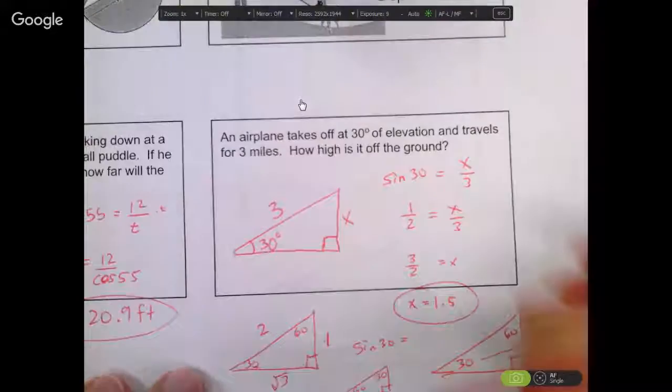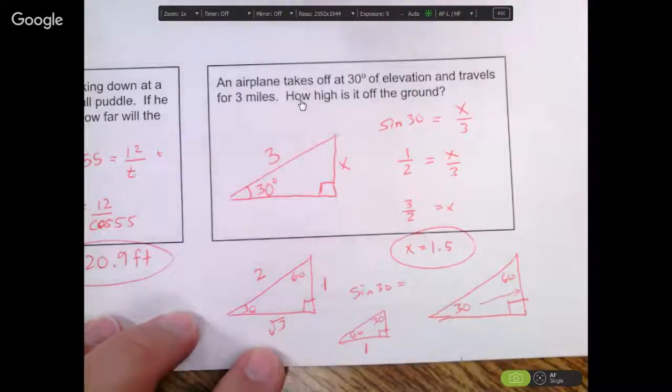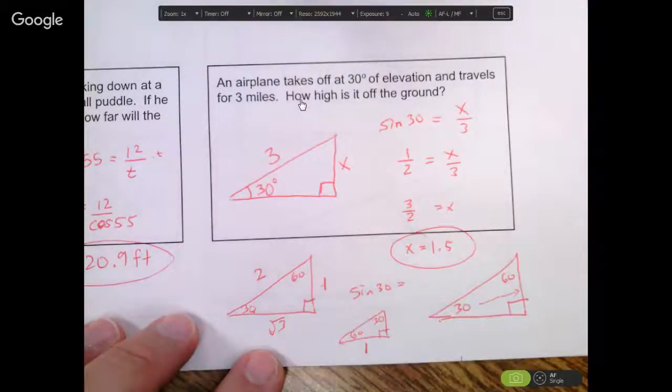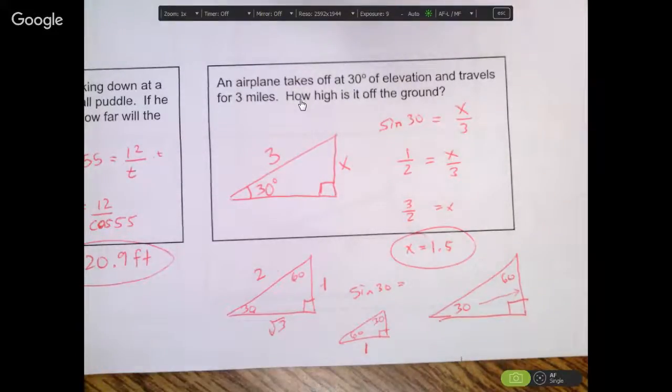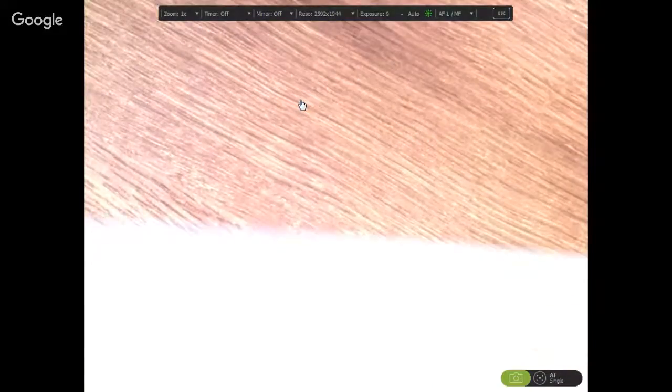Across from the 30 is 1. It doesn't matter. You just have to put them. It doesn't have to be drawn to scale. It's geometry. You can't draw a perfect circle.